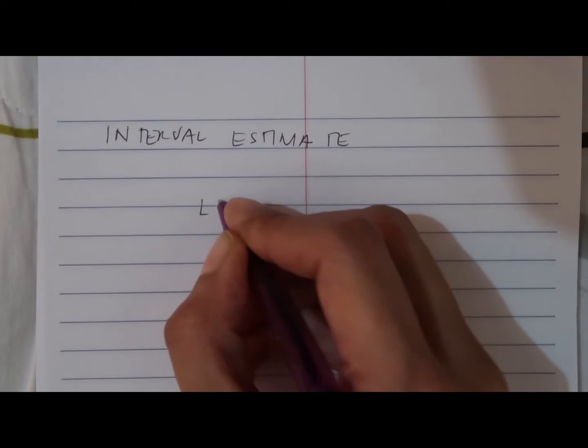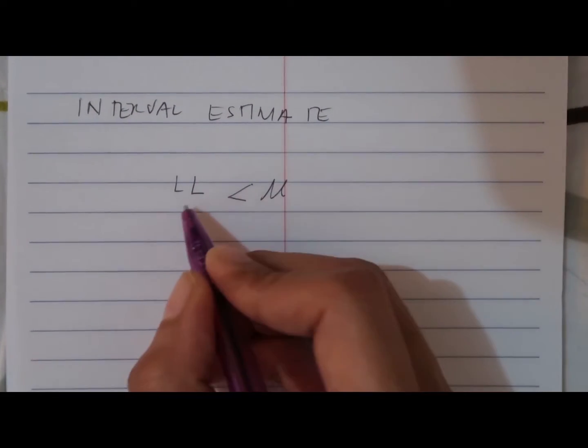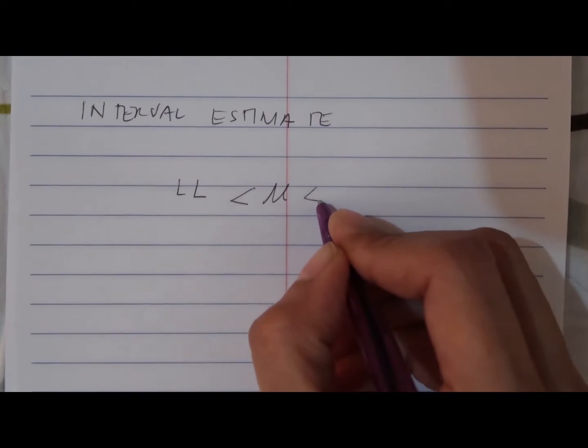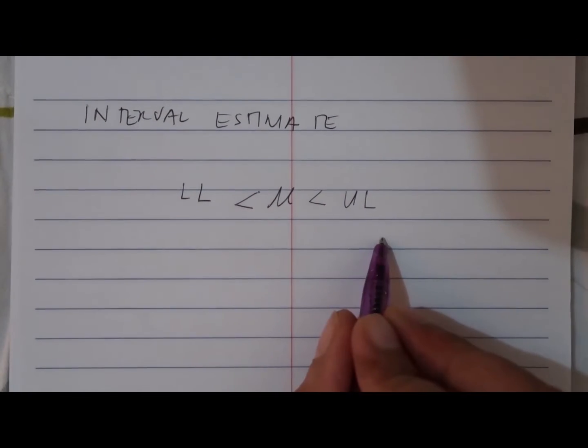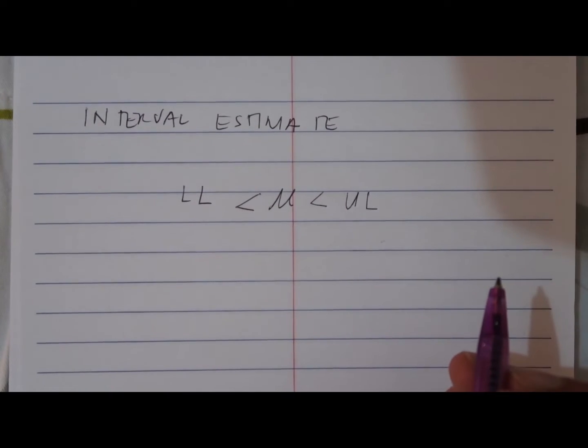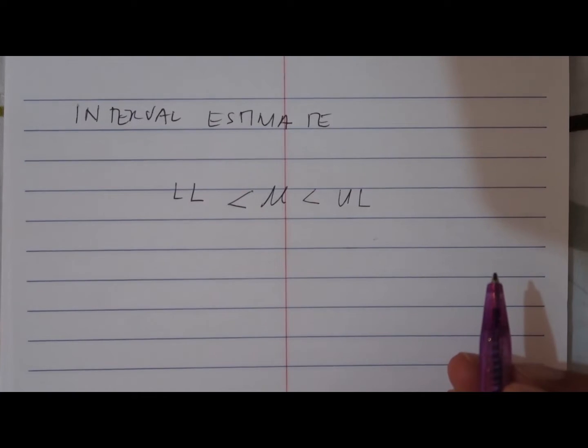You have your lower limit, meaning mu is greater than your lower limit but less than your upper limit. That's the range of your interval estimate: a range of values used to estimate the population parameter.